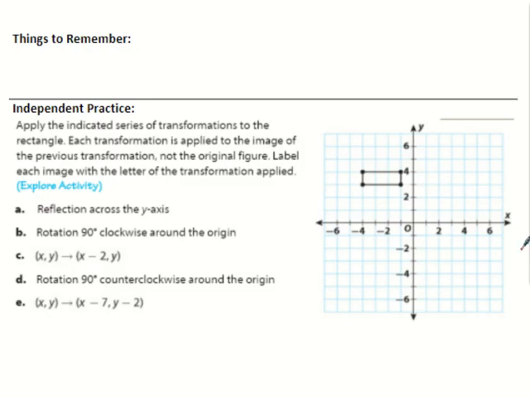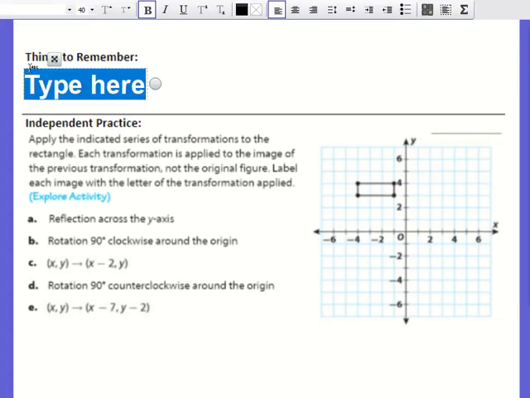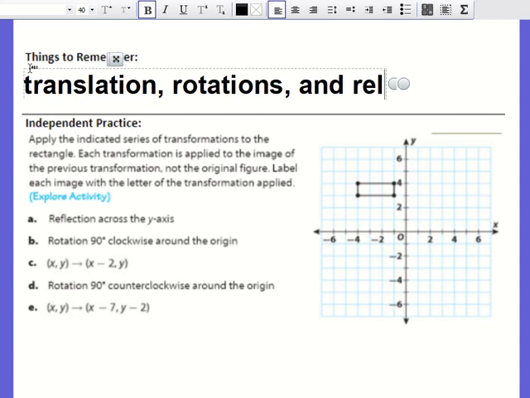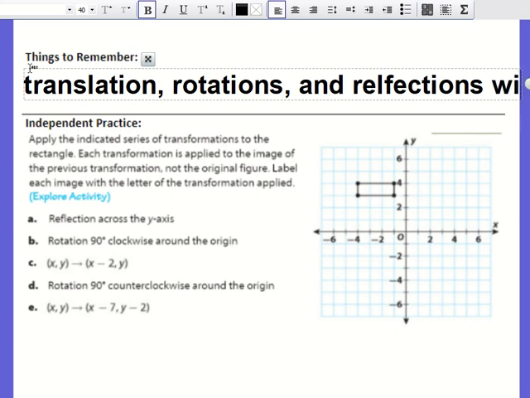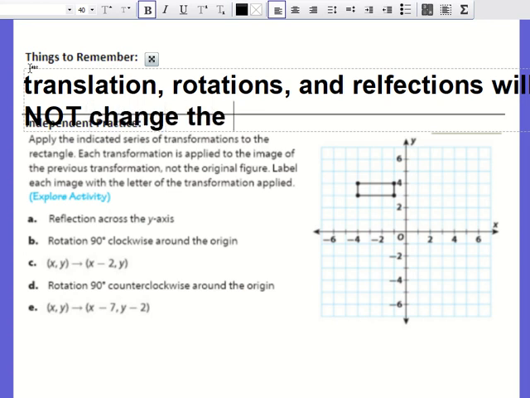Okay, so the main thing I want you to remember is that translations, rotations, and reflections will NOT, I'm going to capitalize this, change the shape or size.